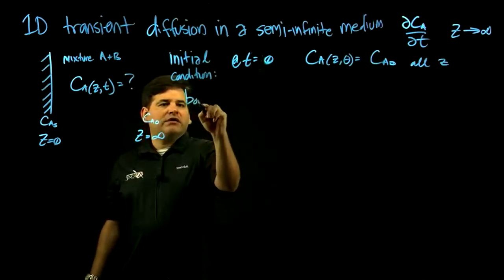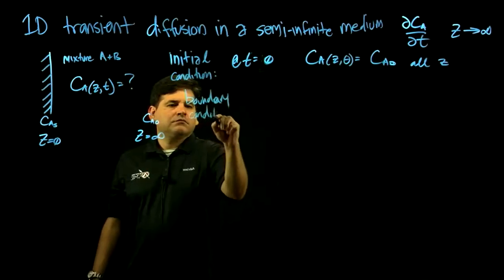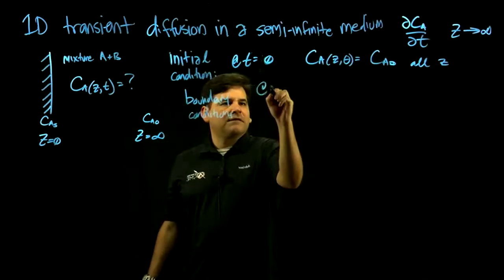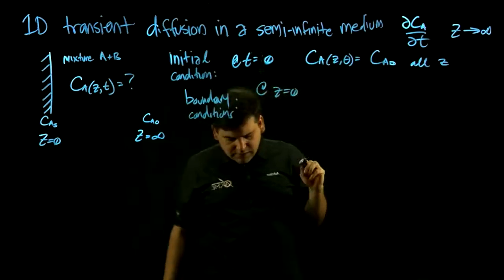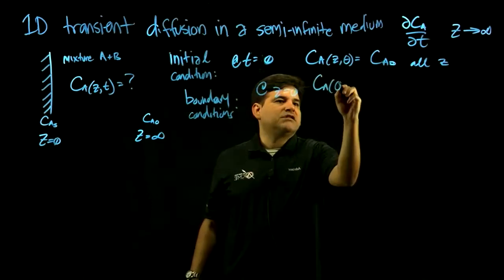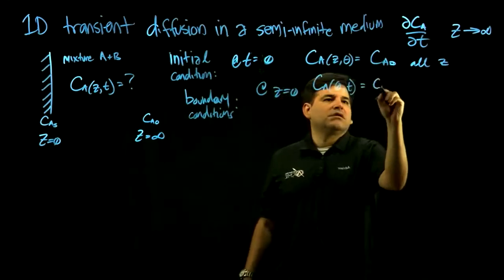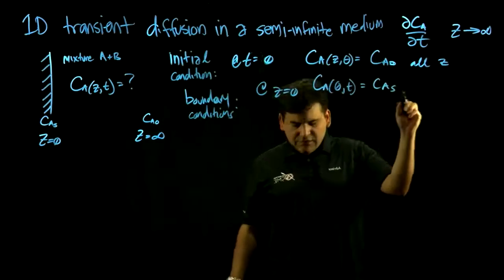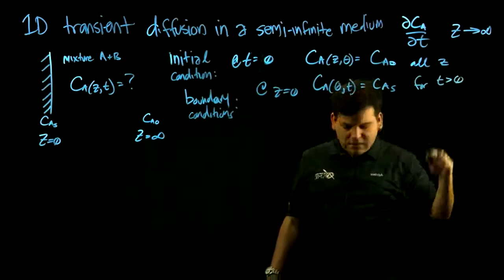So the boundary conditions: at the surface, at z equals 0, the concentration is, let's call it, the surface concentration as time progresses.